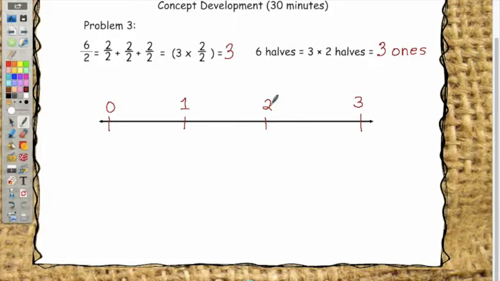What's the denominator? 2. So you've got 2 equal parts, which you already know how to mark half, don't you? Okay? So the repeated addition is what I'm putting on the number line. So I'm going to go 2 halves equals what? 1 whole.